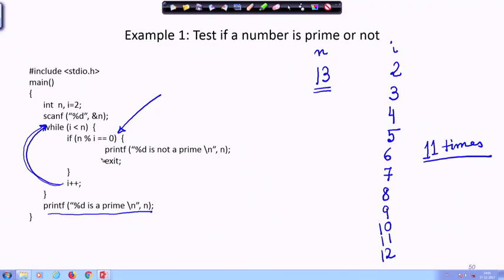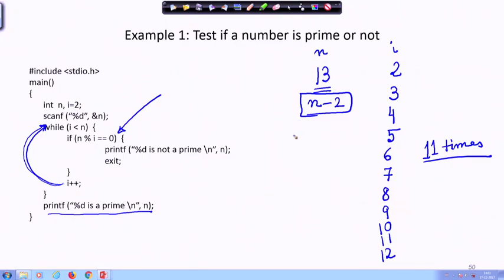Now, do I really need to check it 11 times? If you think a little bit, if this number is n, and I am starting with 2, then n minus 2 times I am checking, right. Do I really need to check n minus 2 times? If I do not find it divisible within square root of n times, then what is the square root of 13 as an integer?